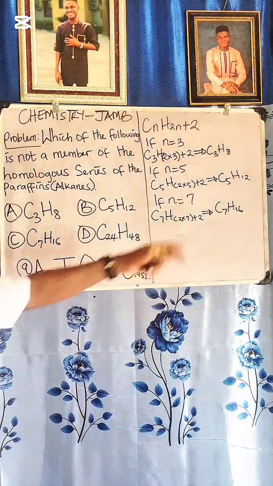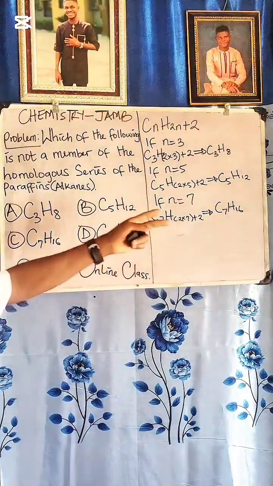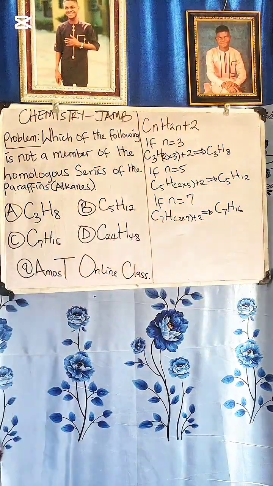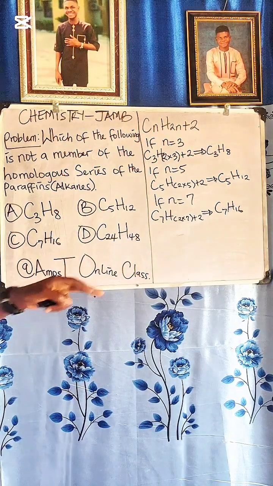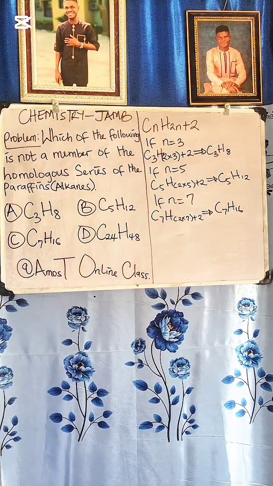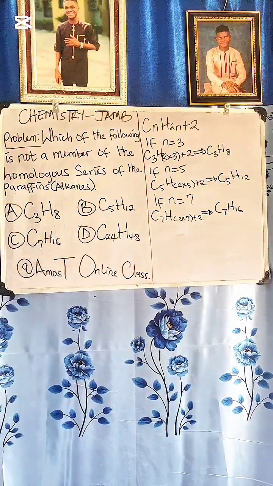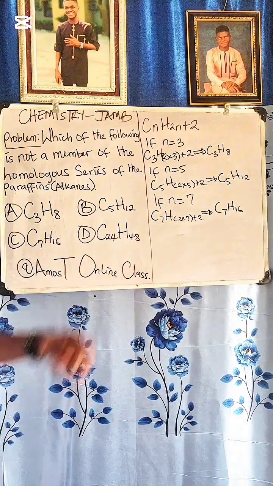Now if n is equal to 7, we are going to have C7H16, which also follows the same pattern of the alkane family. So this is not the correct option. This is the seventh member of the paraffin family, heptane. It is called heptane, not hexane, heptane.